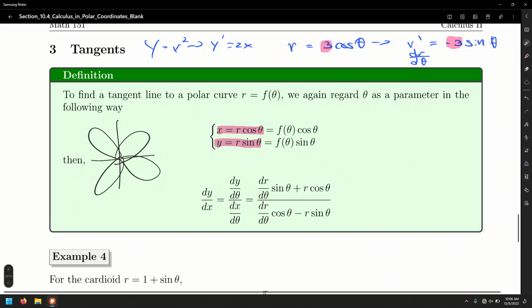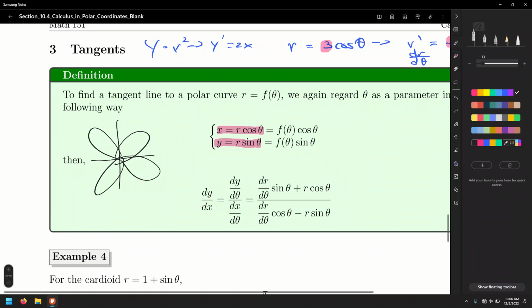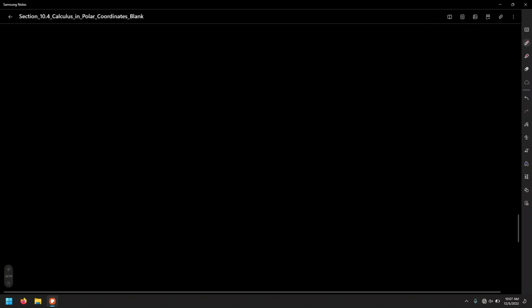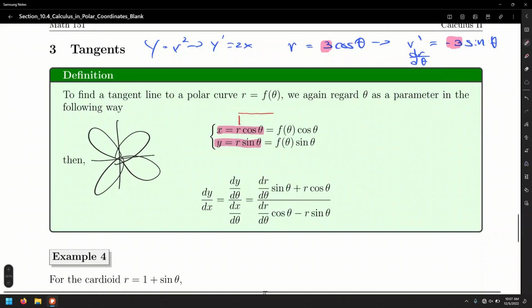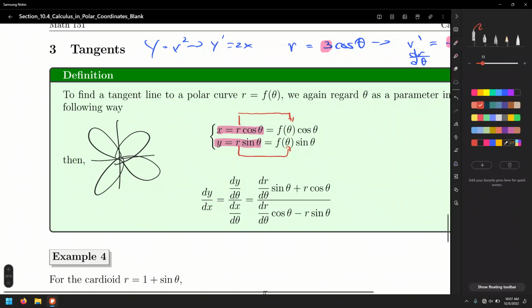So for this reason, we're taking this r as a function that varies with respect to theta. If we take the derivative of this, actually these are two variable functions, and to differentiate that we would need the product rule.